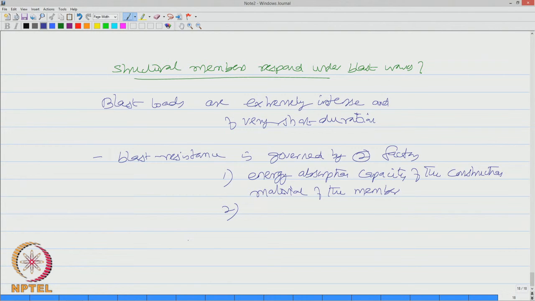Secondly, the dynamic response characteristics of the structural member itself.